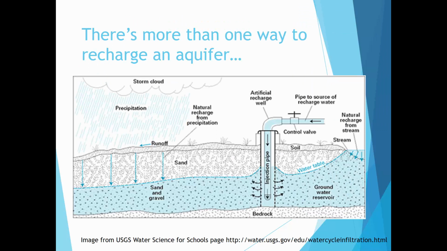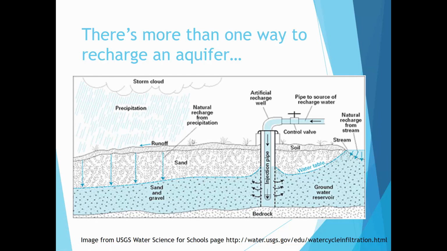Okay, and I wanted to mention that there's more than one way we can recharge aquifers. So the natural way is that water runs off over the land surface, and then it percolates and infiltrates into the soil. Some of that water goes past plant roots and gets into the water table and into an aquifer.